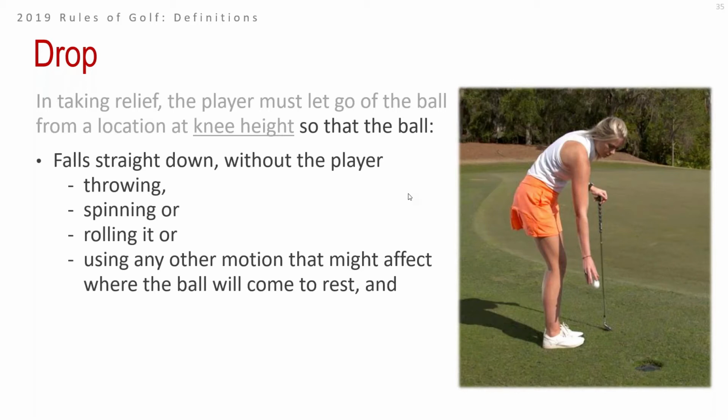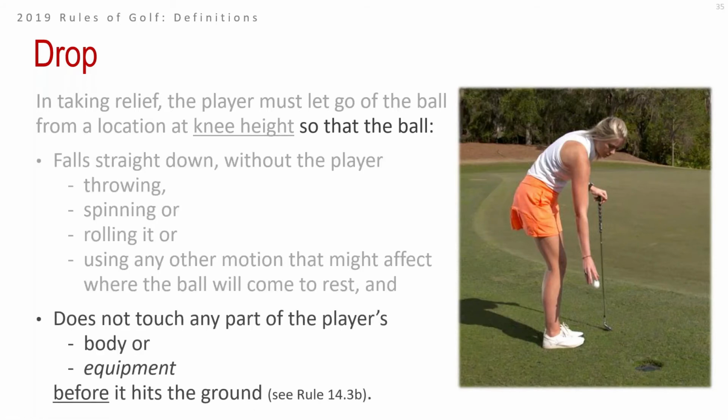The ball just needs to fall straight down without the player throwing, spinning, or rolling, or using any other motion that might affect where the ball will come to rest. In the previous edition of the rules, that was known as cannot influence the ball as it's falling. And I think one thing that is important is that the ball must not touch any part of the player's body or equipment before it hits the ground.